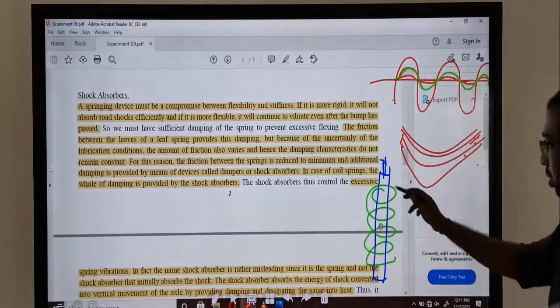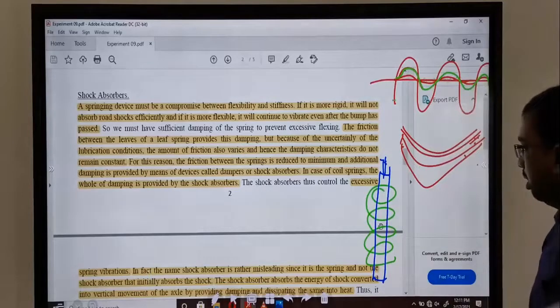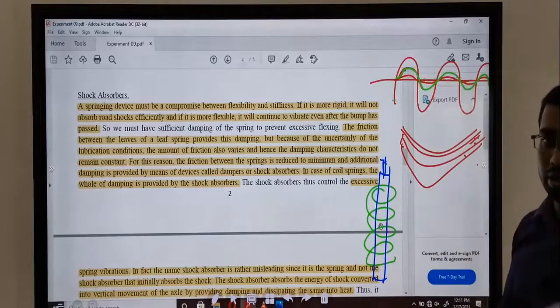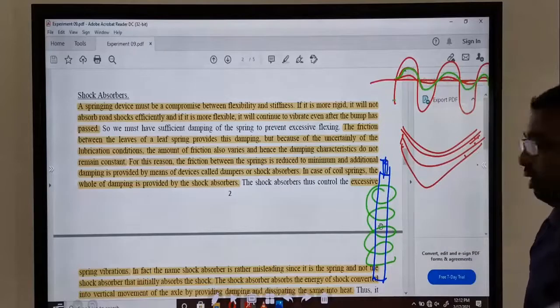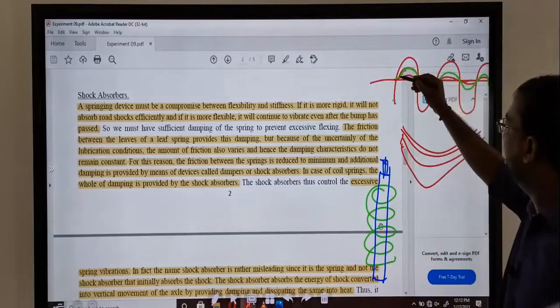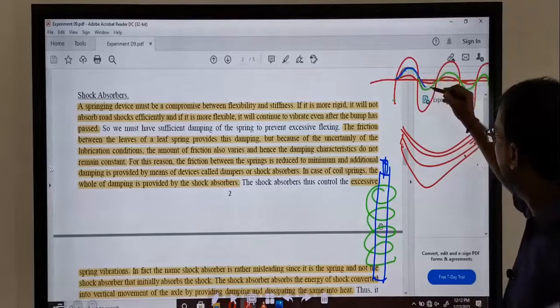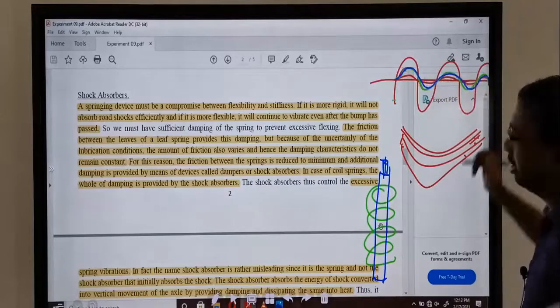You can see the shock absorber with the coil spring. Because the coil spring does not have the tendency of damping, the shock absorber is used here for the damping purpose. So we can get the correct amount of damping.